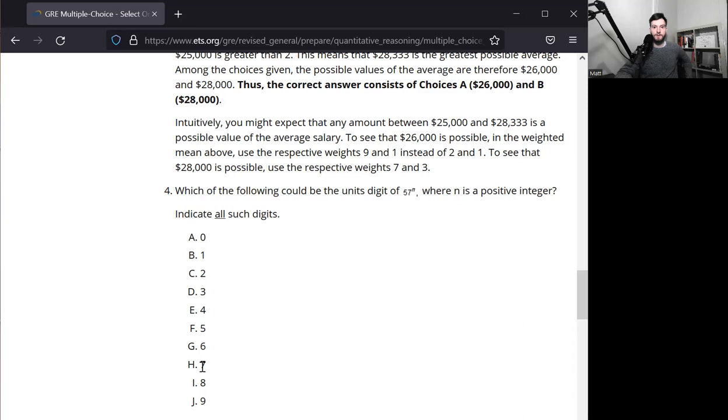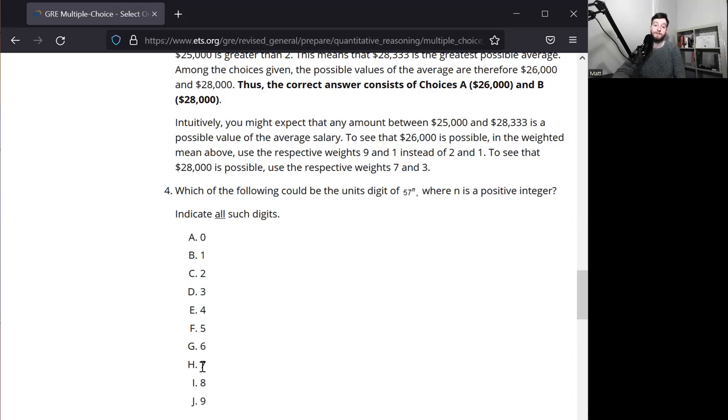No matter what numbers you multiply by each other, you can know the units digit of the product by just multiplying the two units digits of the two numbers being multiplied by each other. So for example, the product of 57 times 57 will have a units digit of 9 because 7 times 7 is 49.